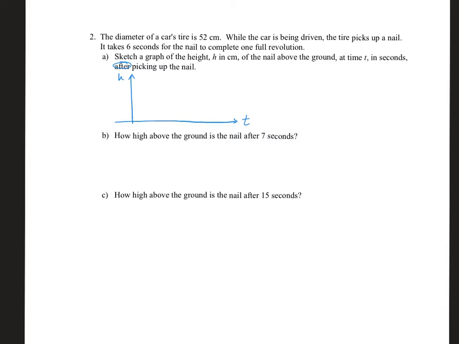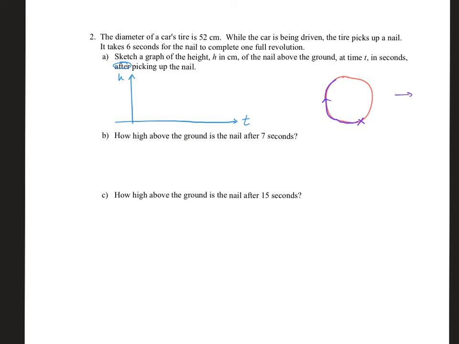So the key thing is sometimes we'll get people who will want to draw a circle because they're trying to picture physically, like there's the nail, and the nail then will go around. We just have to be careful with that. So if we were to take a look at that and imagine that my tire was going this way, what we would then end up having is the height of the tire starts to increase.